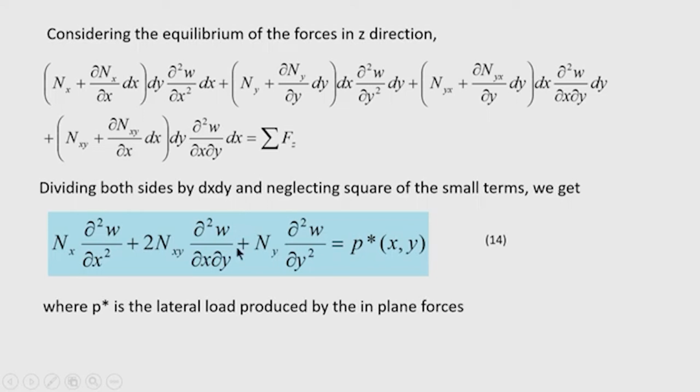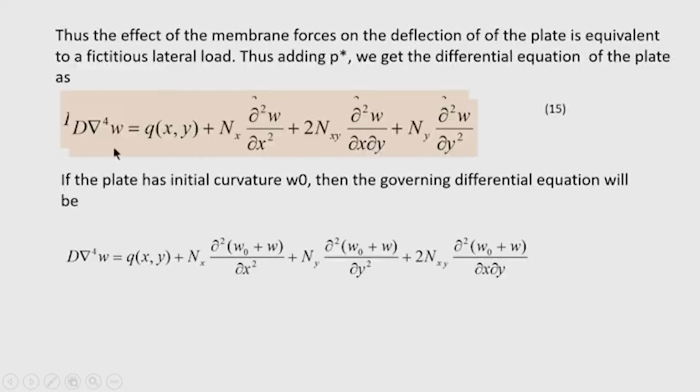So, adding this P star to the plate equation, we now get the plate equation in this form: D del 4 w equal to q xy plus Nx del square w by del x square plus 2 Nxy del square w by del x del y plus Ny del square w by del y square.